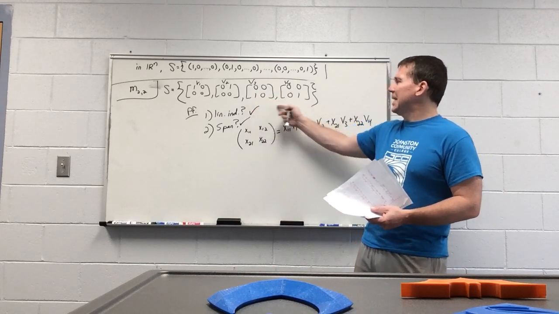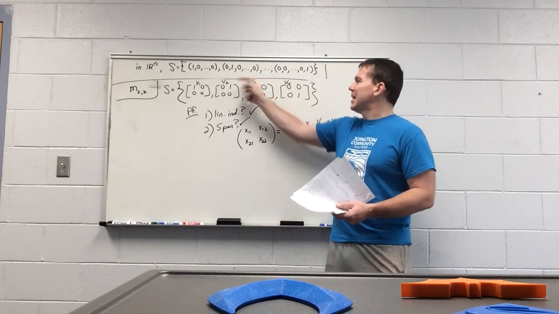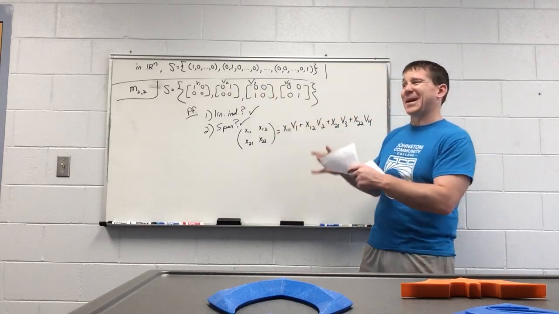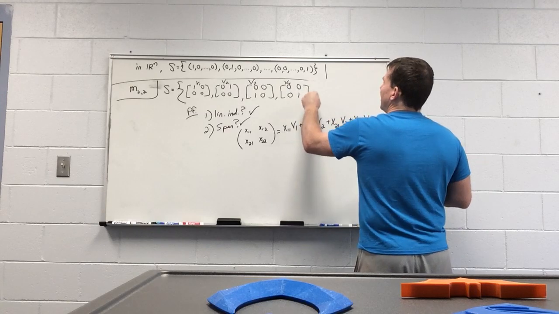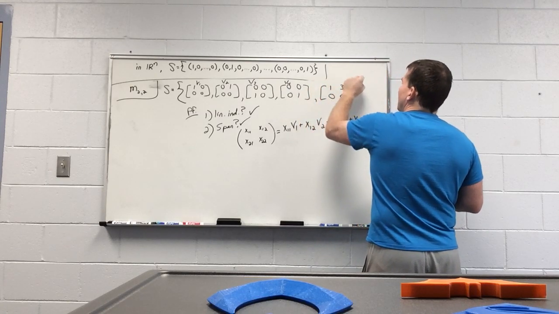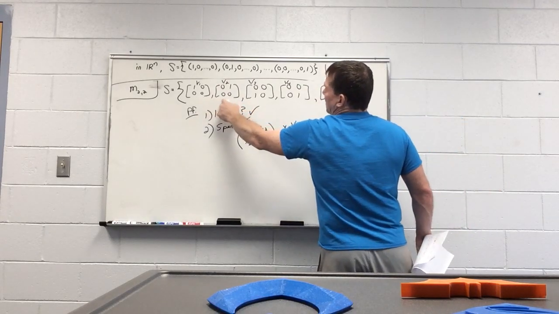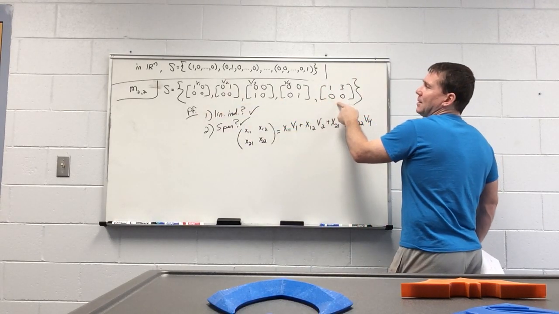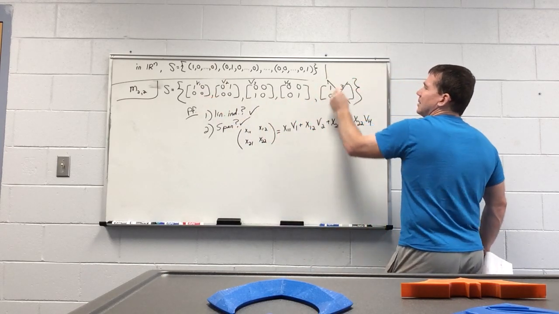But also, if I make it any bigger, if I put some other vector in here, then I'll be able to write that other vector. If I arbitrarily put this vector in there, 1, 3, 0, 0, well, now clearly I can take a combination of v1 and v2 and get this one. 1 times this plus 3 times that.